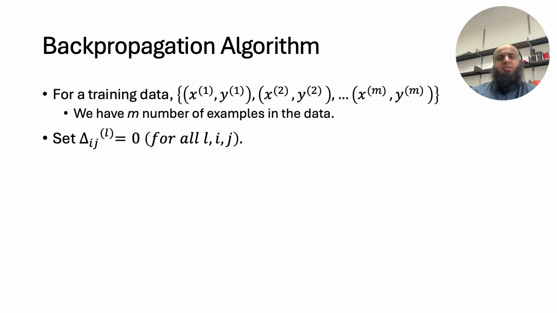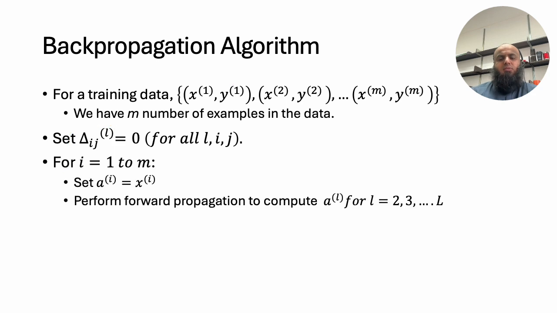So if we summarize the algorithm itself, for any training data x and the associated desired output y, we have this matrix of gradients that we set to 0 initially, and then for all the input samples we simply set the input values in the input layer equal to the input itself, and we perform forward propagation going from the input layer up to the output layer here.